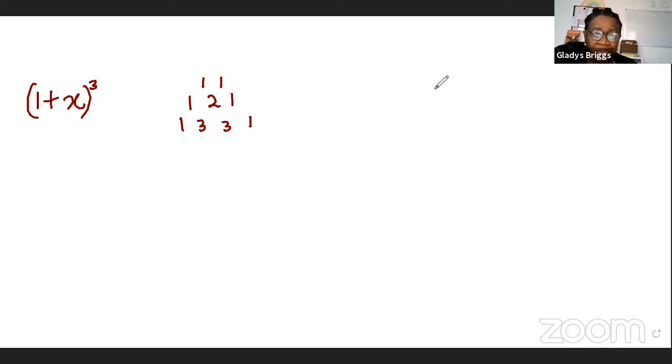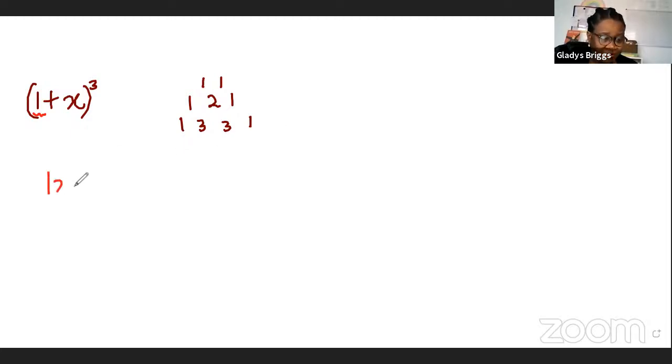So I know that the first term here is going to be going down, right? It's going to be going down and it's going to have those coefficients.